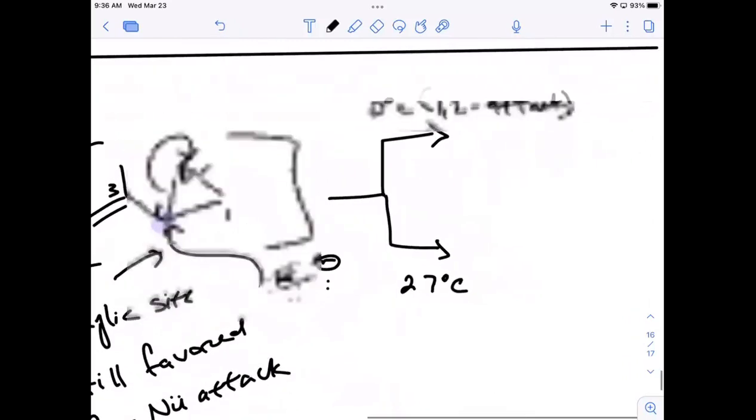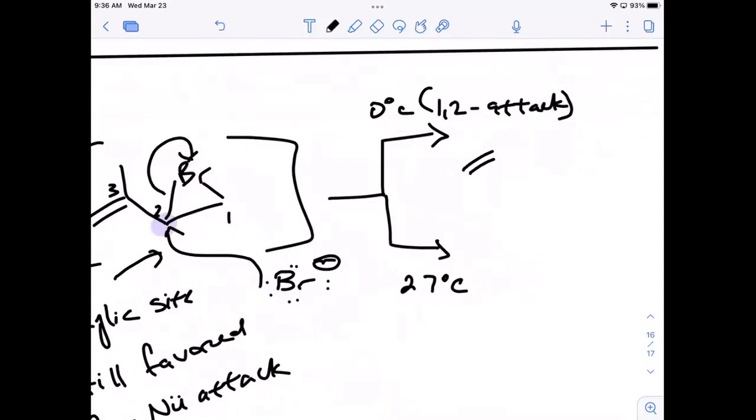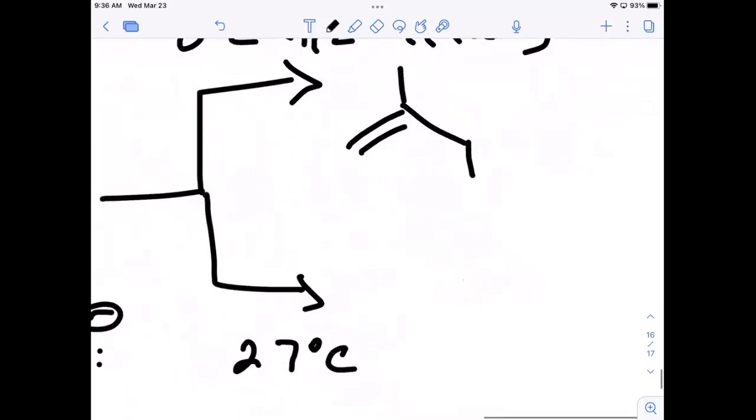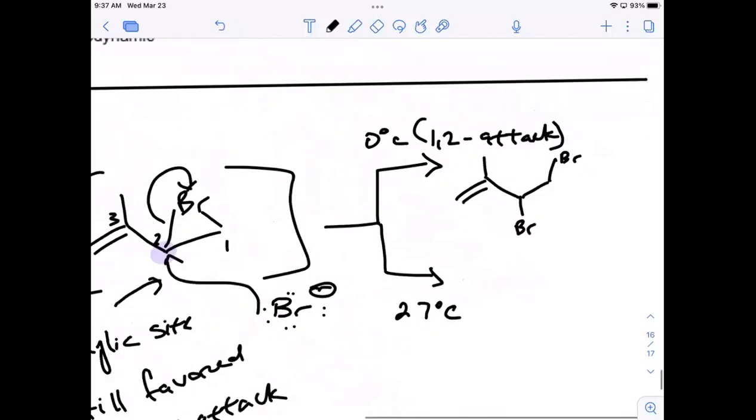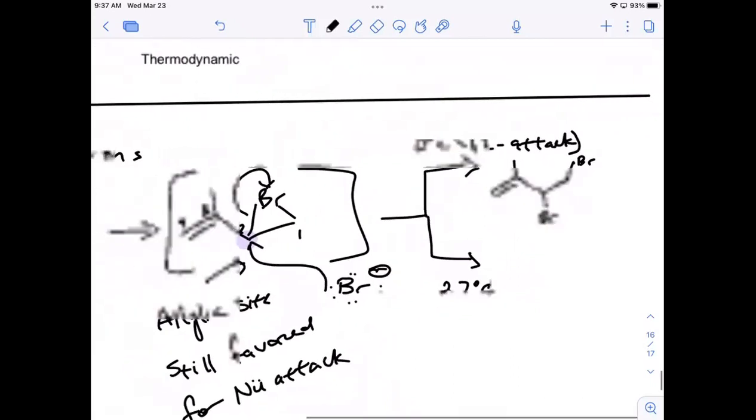And then my product will look like this, where we have a bromine here, and then a bromine here.